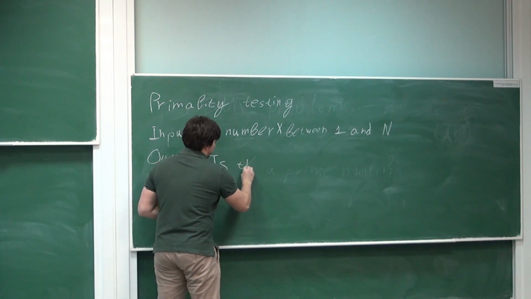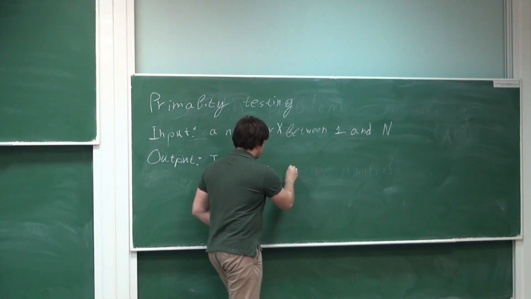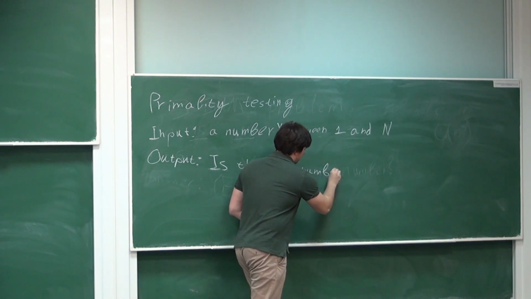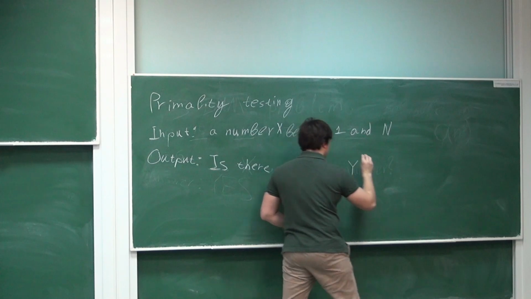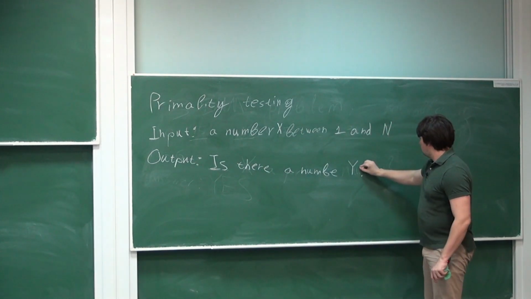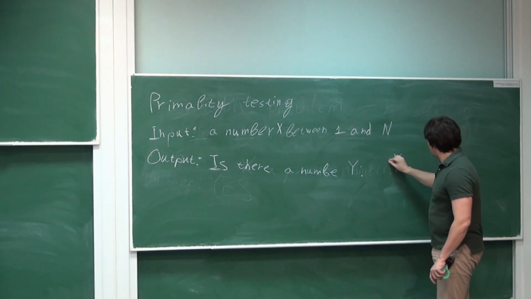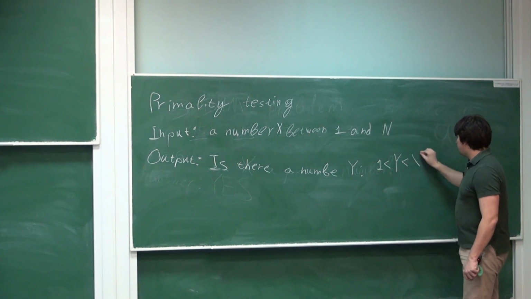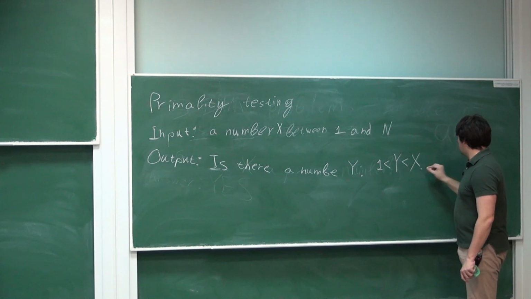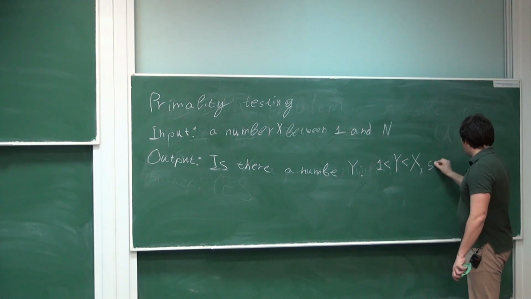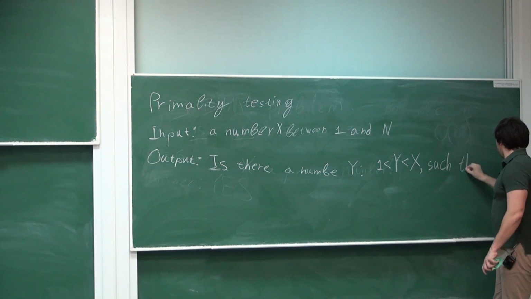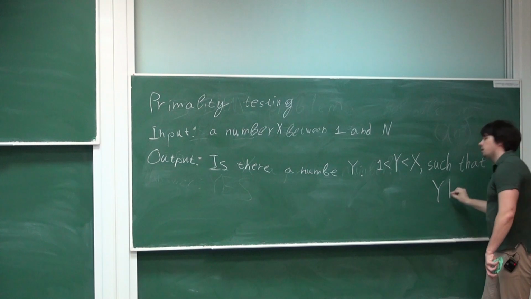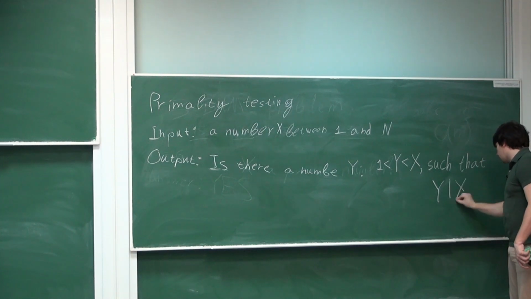Is there a number y? y has to be more than 1, strictly less than x, such that y divides x.